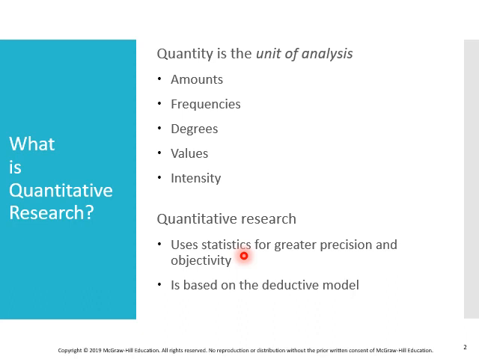Meaning to say, when we have numbers, for example, comparing 5 versus 10, then we have some precision because we know that 10 is greater than 5. Therefore, 10 is more than 5. And because of the greater precision that we can gain from using statistics and numerical analysis, we have the perception that quantitative research is more objective as compared to qualitative research.